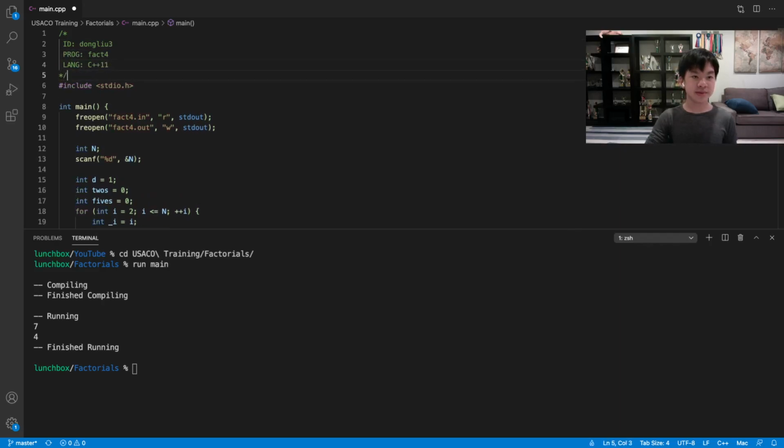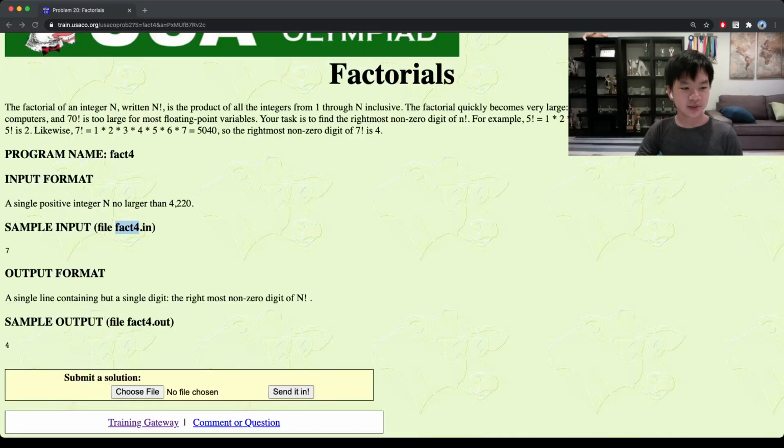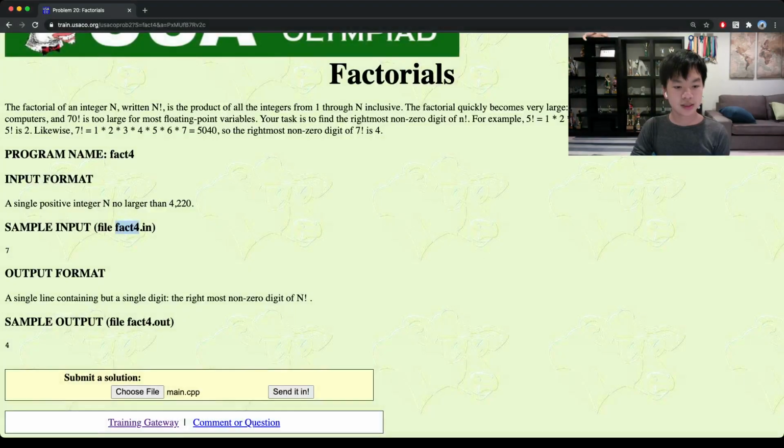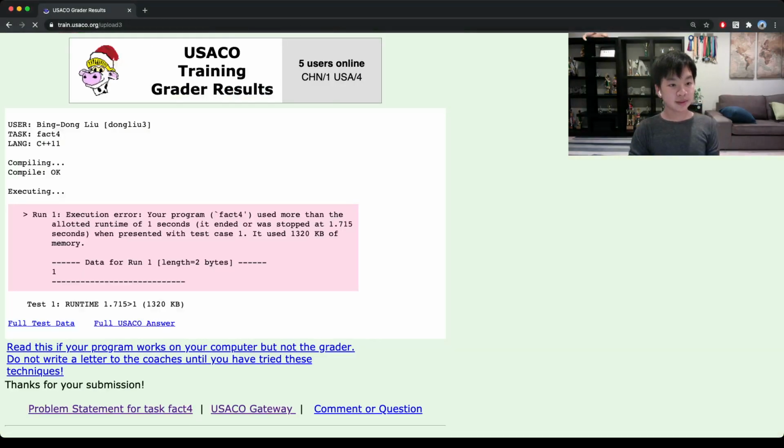There's no C++11. At least I'm pretty sure there isn't. Alright, so let me select the file. Okay, so this is usaco-training, and this is Factorials. Okay, so main. Let me submit it.